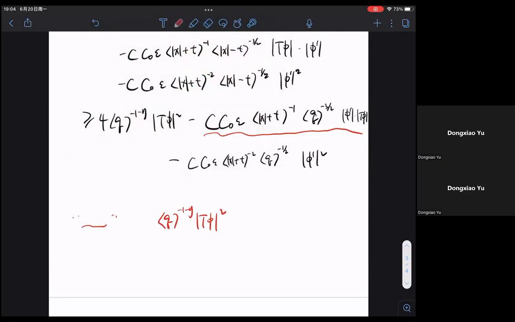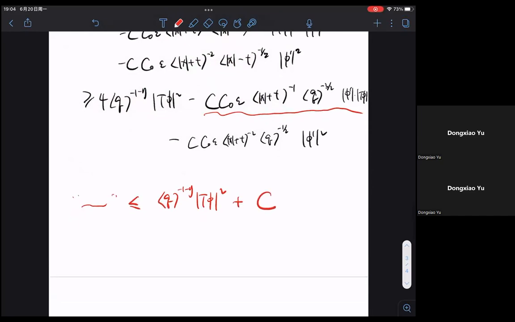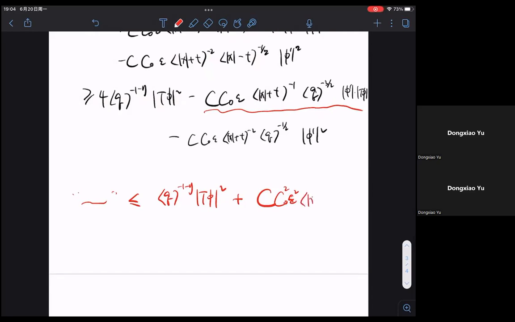Sorry, this should be less than or equal to, without any constant multiple, plus a large constant C times c0 epsilon square times (x plus t)^{-2} q^{-eta minus 2} φ prime square. So I need to explain this in more detail. So let me explain how we get these things.